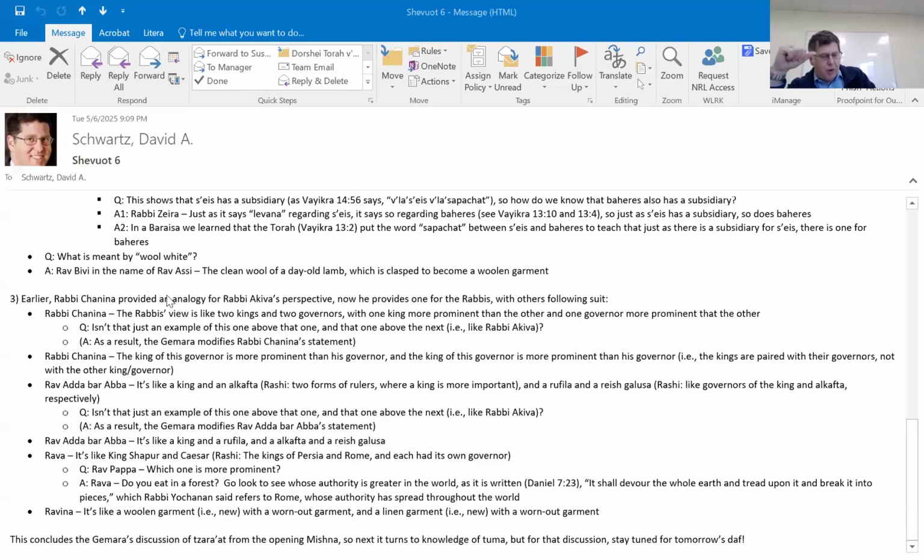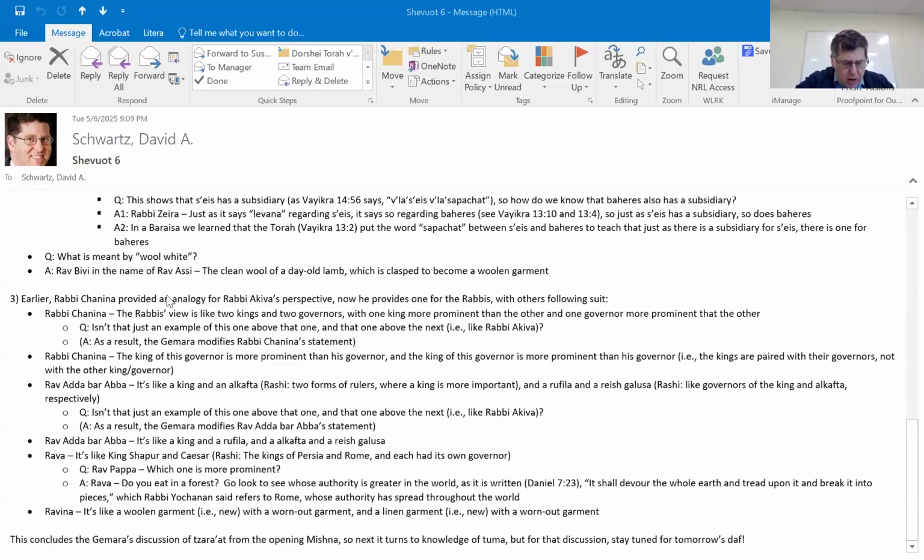Umalko shozel amalami parko denashe. And the other king is going to be more important than his other governor. Meaning that the comparisons that we're making are between the king and his own governor, which is just like an Av and the Tolda, just like 1 and 3 and 2 and 4, not 1 and 2, 2 and 3, 3 and 4. And so that's that analogy.